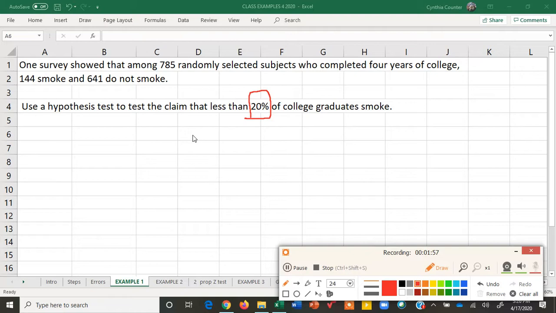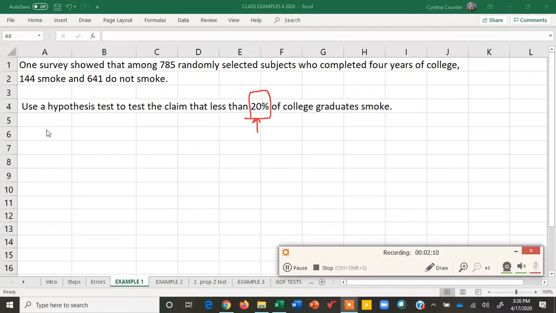So let's assume that the population parameter is equal to 20%. And that assumption is what we call a null hypothesis. So our null hypothesis is that the proportion is equal to 0.2 or 20%.